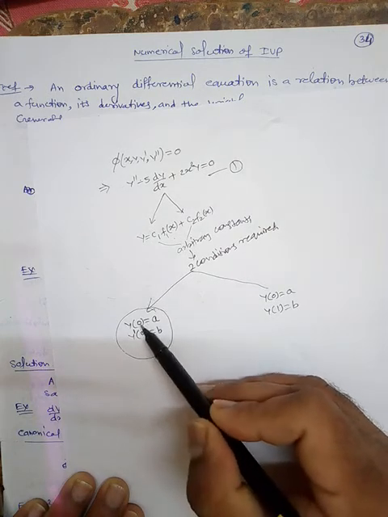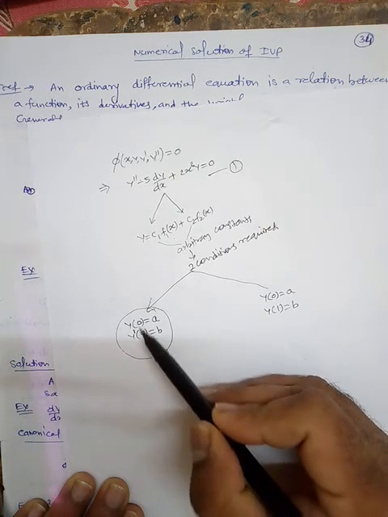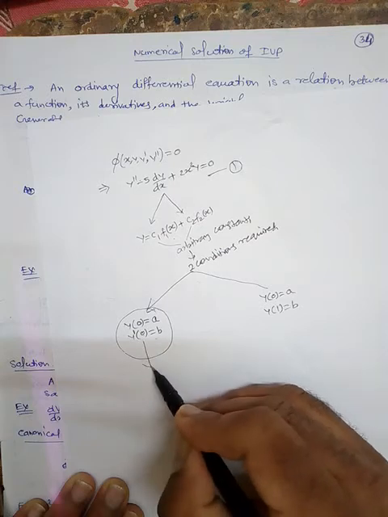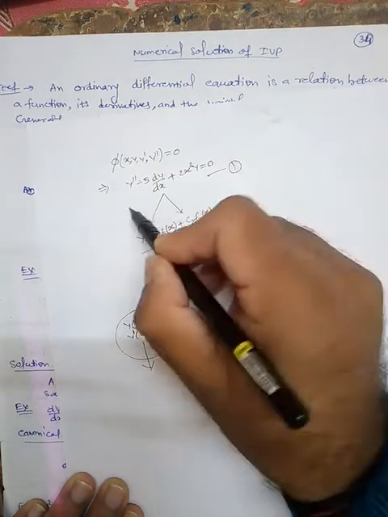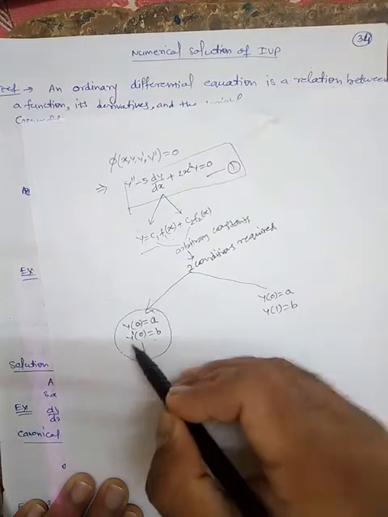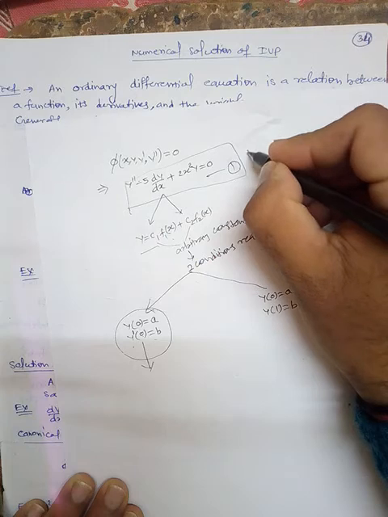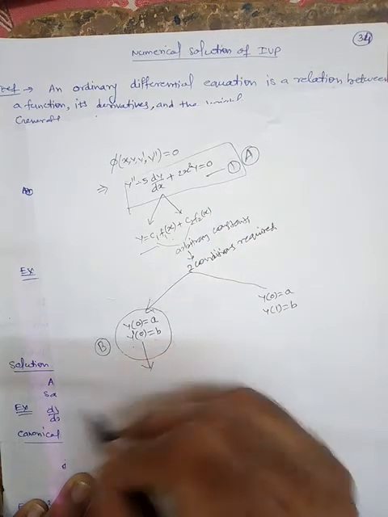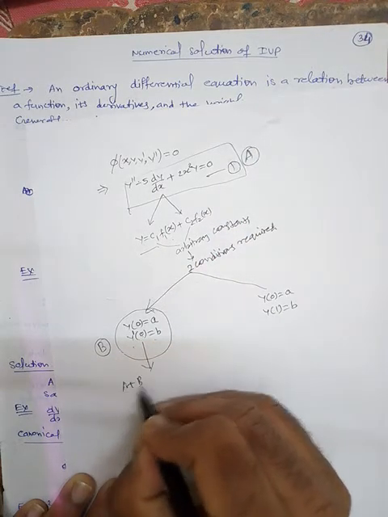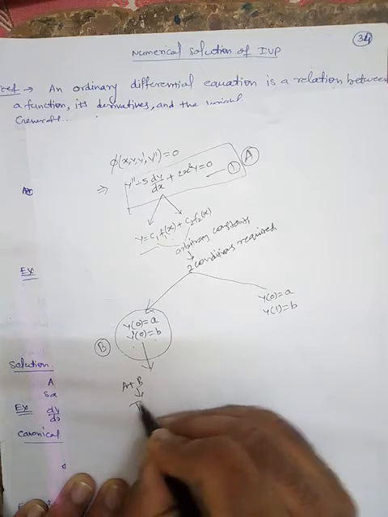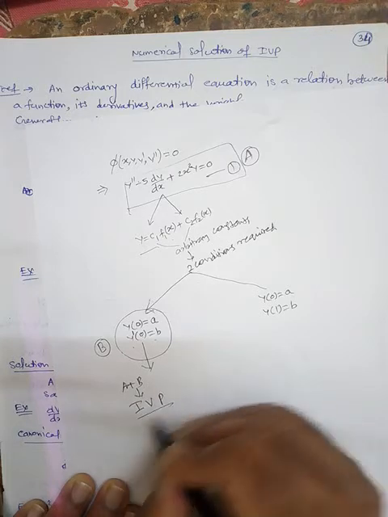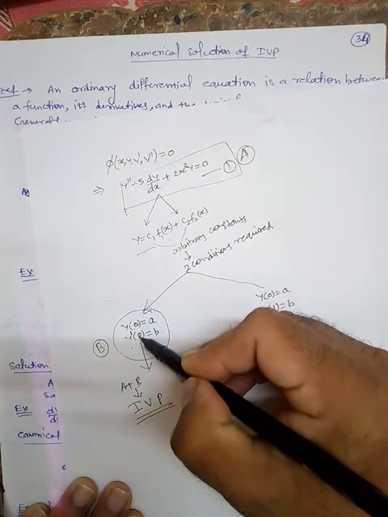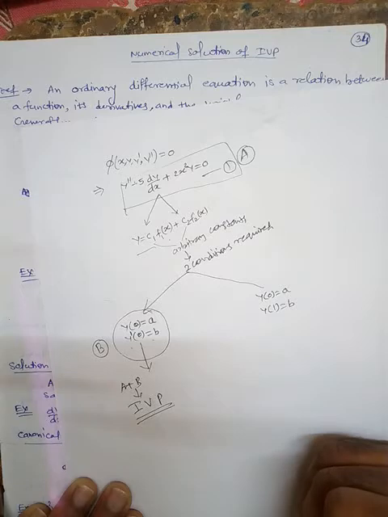If we are having this kind of conditions where both these conditions are given at the same point, 0, and this differential equation 1 along with this condition, suppose this is denoted by a, this is denoted by b, then a plus b is known as initial value problem when both these conditions are given at the same point.